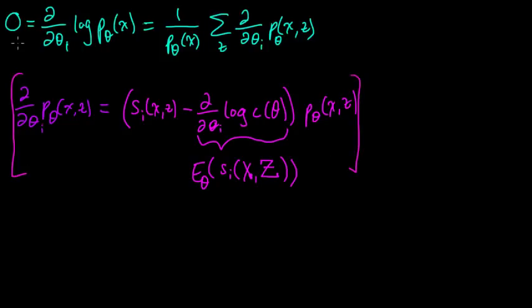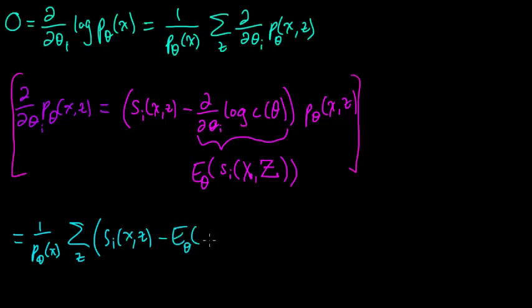This becomes 1 over the probability of x, which still hangs out here, sum over z of s_i of x and z minus this expected value, times p sub theta of x and z.